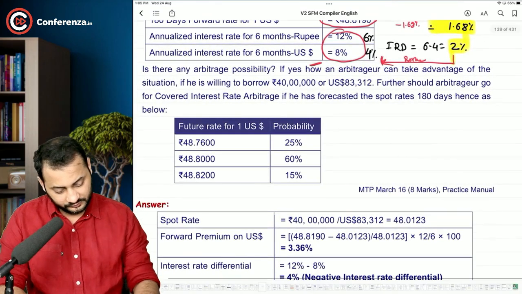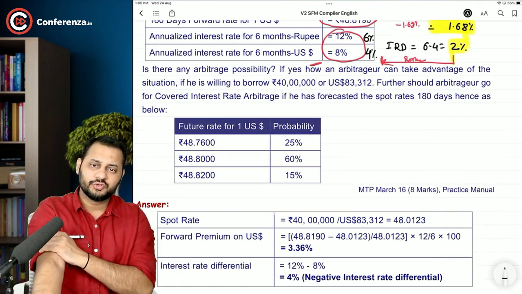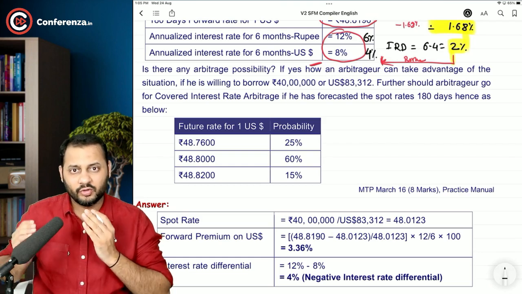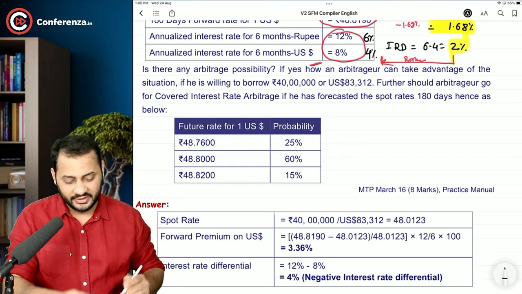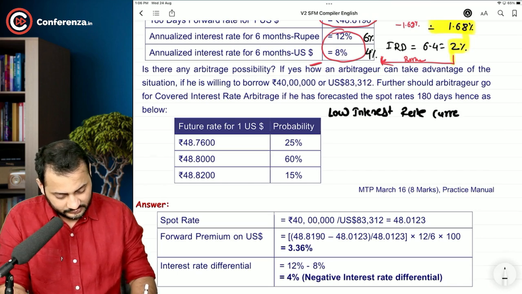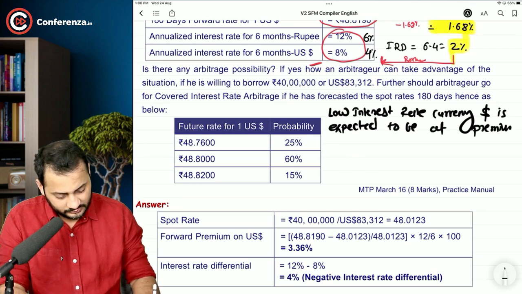First of all, I will try mostly to solve the question from the low interest rate currency, so that I follow one particular system instead of the high interest rate currency. So the low interest rate currency, which is dollar in this case, is expected to be at premium.